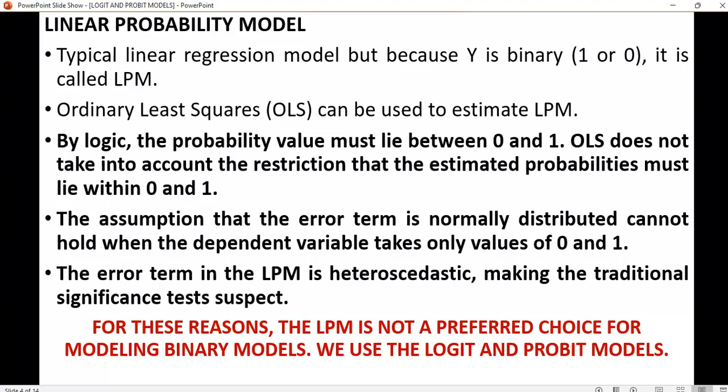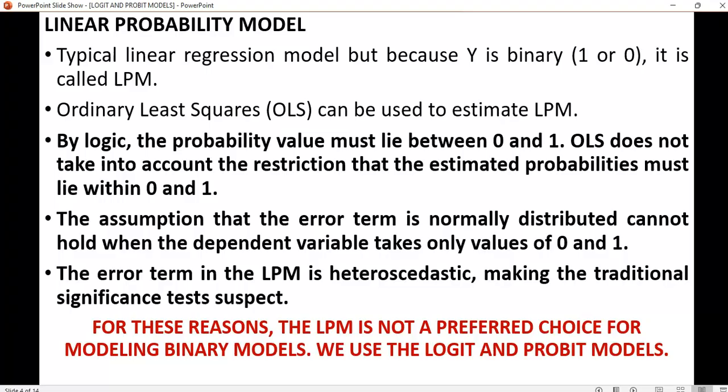However, OLS does not take into account the restriction that the estimated probabilities must lie between 0 and 1. Also, the assumption that the error term is normally distributed cannot hold when a dependent variable takes only values of 0 and 1. The error term in the linear probability model is heteroscedastic, making the traditional significance test suspect. So for these reasons, the linear probability model is not the preferred choice for modeling binary models.